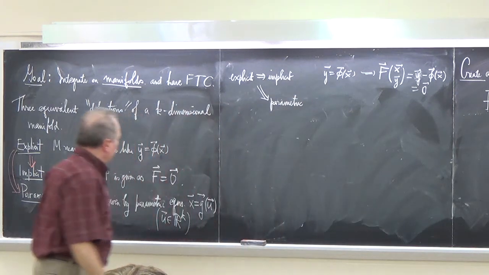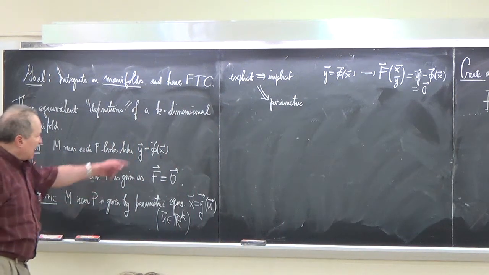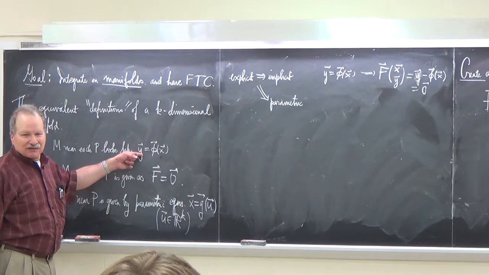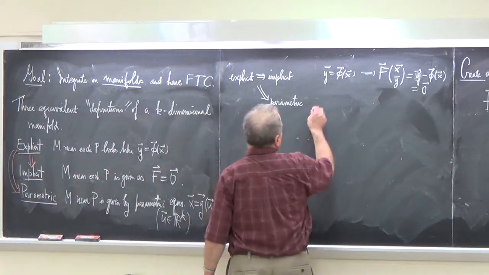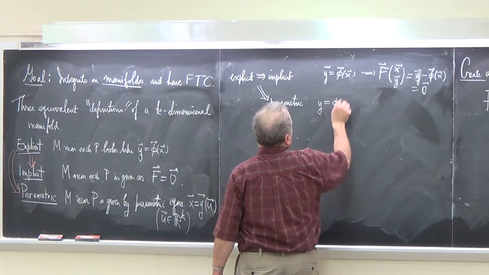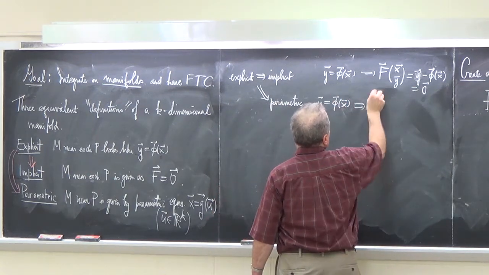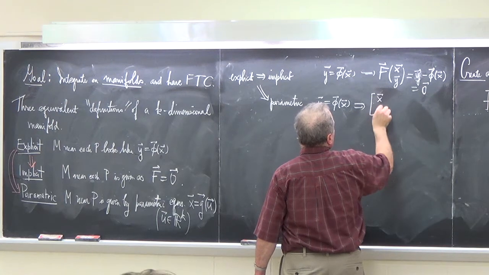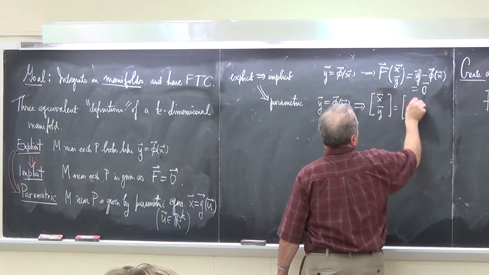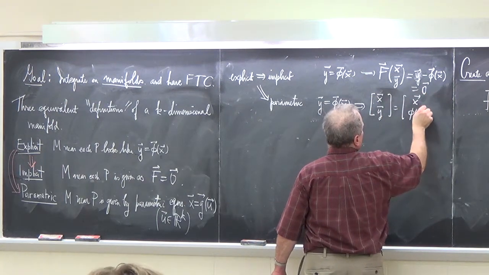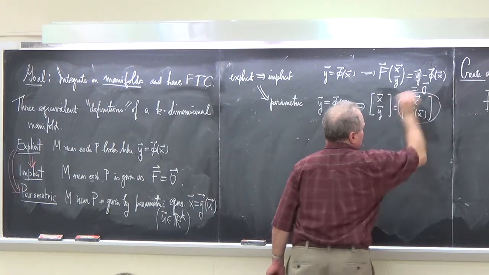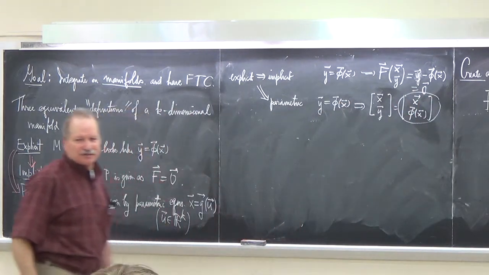Well, what do I use as my parameters? If I have a graph, I can write it parametrically in terms of the parameters x. So there's my parameterization in terms of x as parameters.